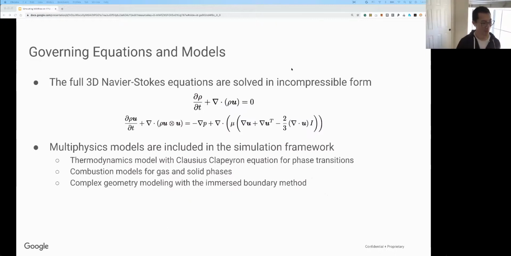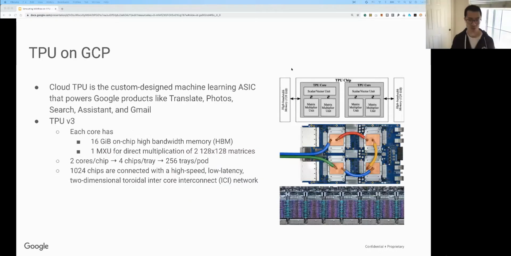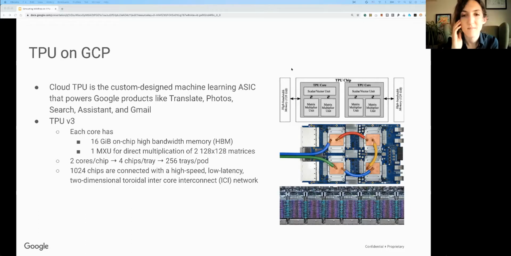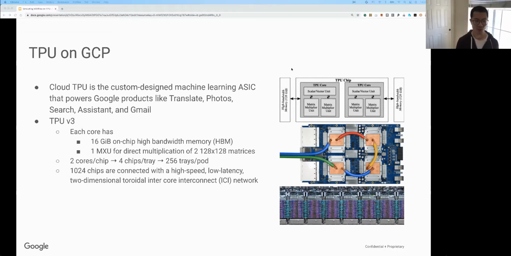So basically I would say the biggest difference between TPU and the classical hardware like GPU or CPU is that the most efficient computations are done by the MXUs, the matrix multiplication units. So whenever we consider a problem, we try to convert our mindset into matrix multiplications. And also we try to fit our problem size as 128 squared as much as possible. That's why in the simulation domains, you can see that I always divide the domain into a multiple of 128.